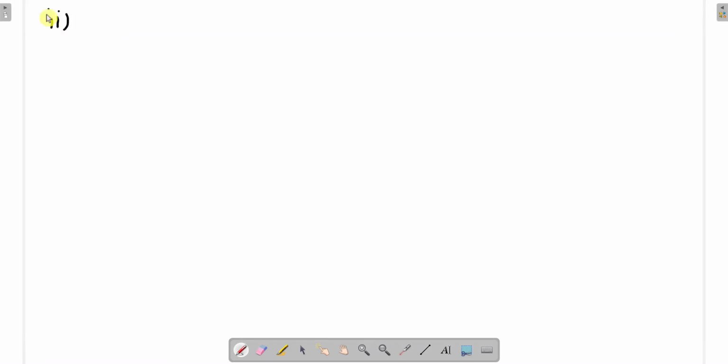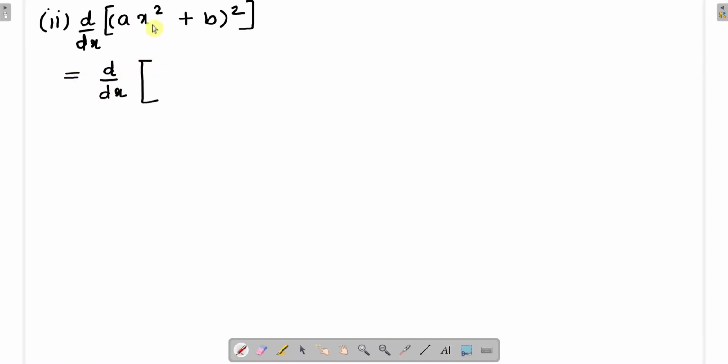Second one is ax square plus b the whole square, right? So the derivative of this we have to take, so d by dx of ax square plus b the whole square. Now we can write it as ax square plus b multiplied by ax square plus b, right?